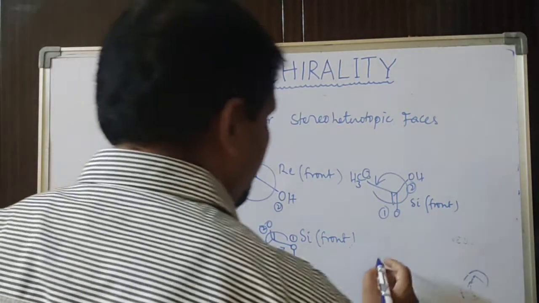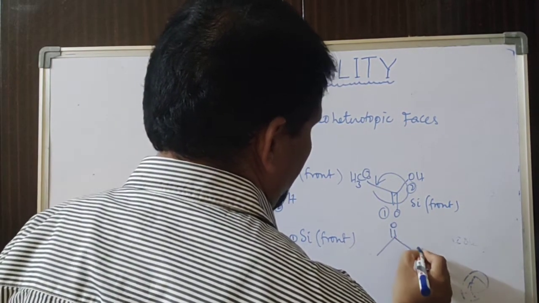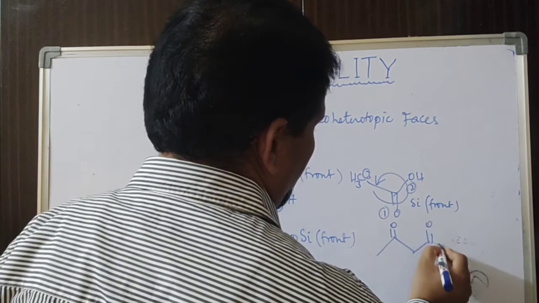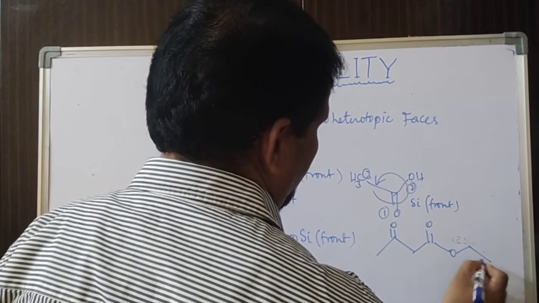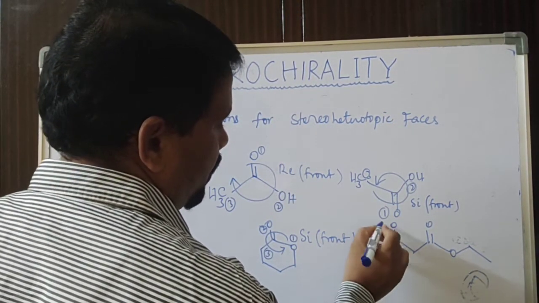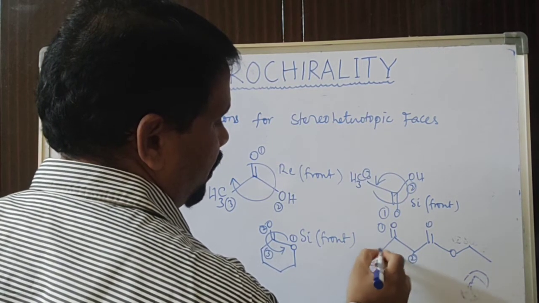So I'll give you one more example. So for this center, prochiral center, 1, 2, and 3.